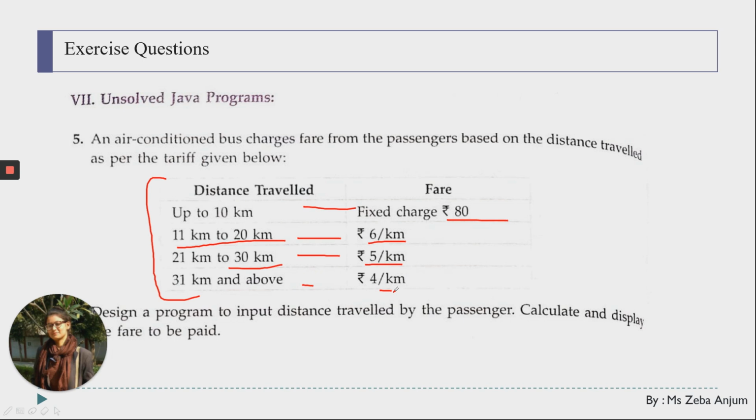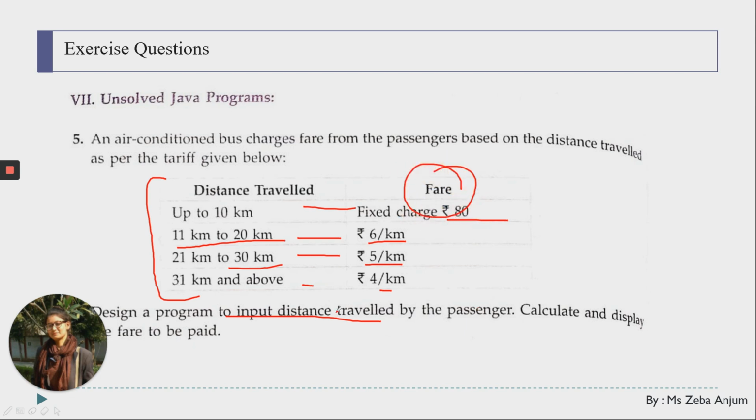You will be using if else if conditions over there. So design a program to input the distance traveled by the passenger. Only one input you have to take, the distance traveled, and then calculate the fare to be paid.